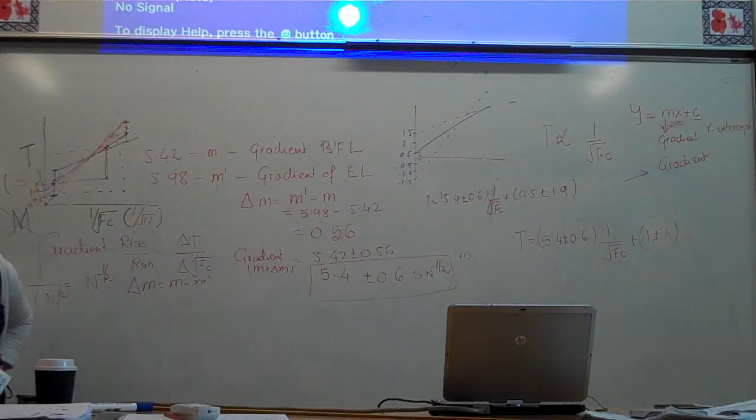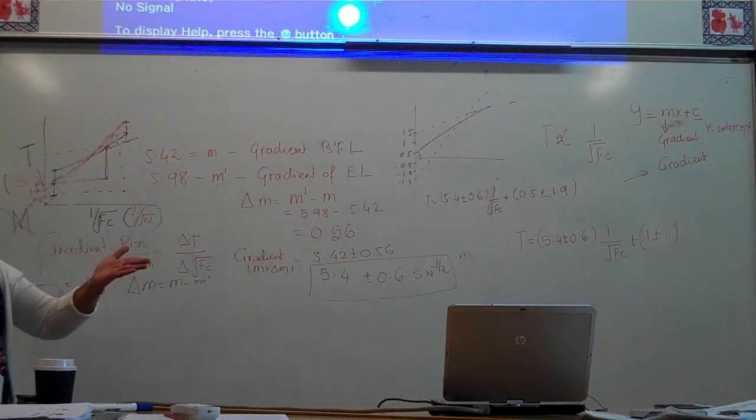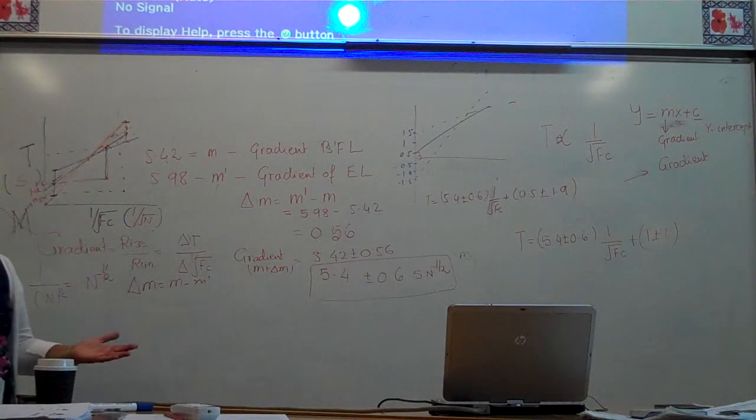Any other thing before we move on? Do we have to do 2 error lines? No. 1 error line is enough as long as that's good enough. If you get 1 very clear enough, you don't even need to bother for the second one.